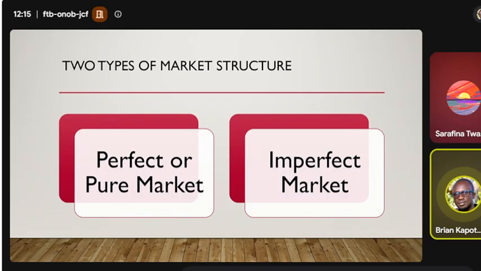But what we find in the real world is an imperfect market. Now, the imperfect market we find in the real world is where one or few firms have the market power. They dominate, and the products may be differentiated. They may be differentiated by branding, quality, or even the level of advertising.